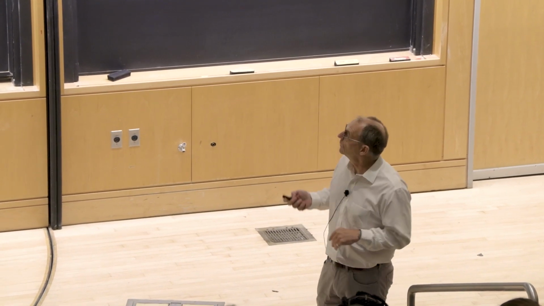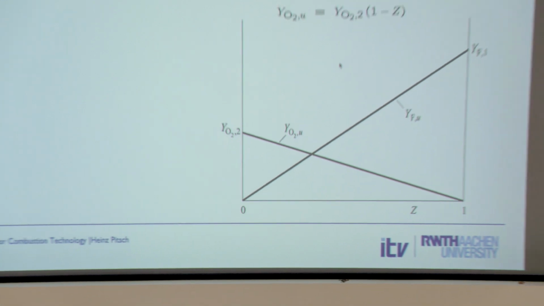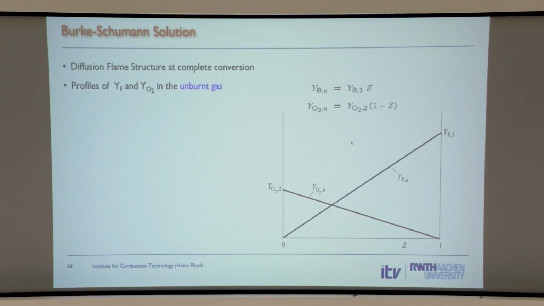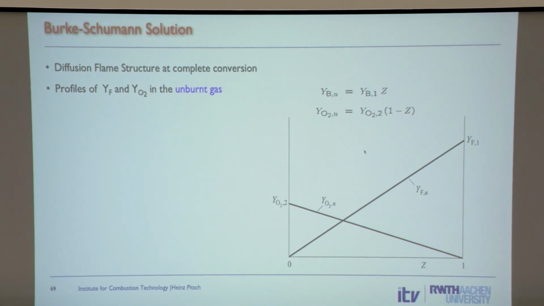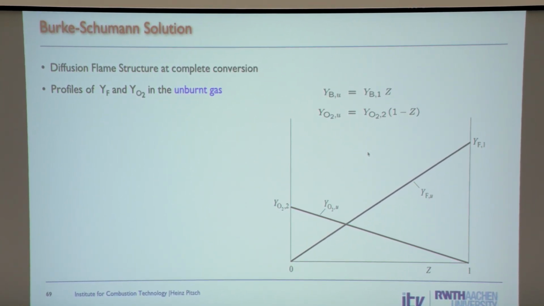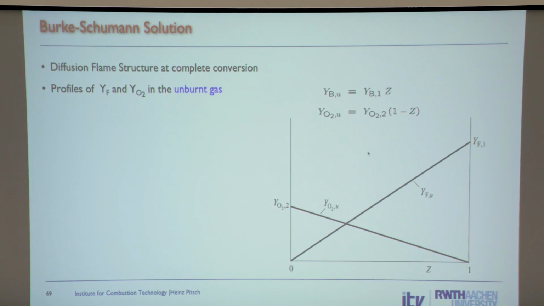Mixture fraction. We have introduced mixture fraction, and we're going to talk about the Burke-Schumann solution. What's nice is that, let's think of a non-premixed flame like I showed you earlier. In certain regions you have pure fuel, mixture fraction is 1. In certain regions you have pure air, mixture fraction is 0.